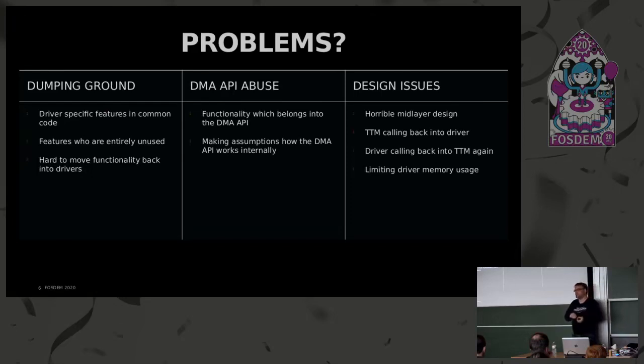There used to be AGP hardware with PowerPC, for example, but as far as I know, we never got that working with the AGP backend in TTM. Additionally, those page pools make assumptions about how the DMA API works internally. This then works together with things like the IOMMU, where you have an MMU block, a memory management unit in the south bridge, which also maps your DMA address coming in from the graphics hardware into the physical system address.